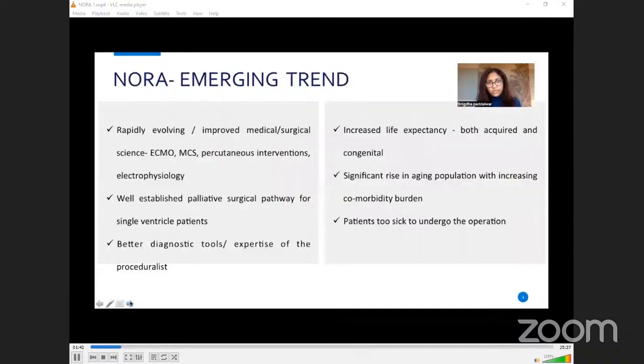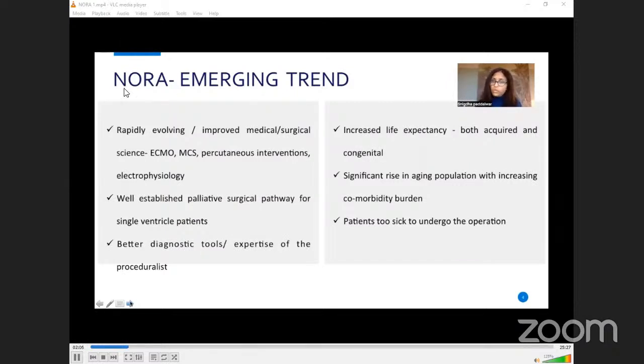So we all are witnessing an emerging trend where there's rapidly evolving and improved medical and surgical science, with the advent of ECMO, mechanical circulatory support devices, advanced percutaneous interventions, and a very well established palliative surgical pathway for single ventricle patients, supported by better diagnostic tools and expertise of the proceduralist. And what is this leading to?